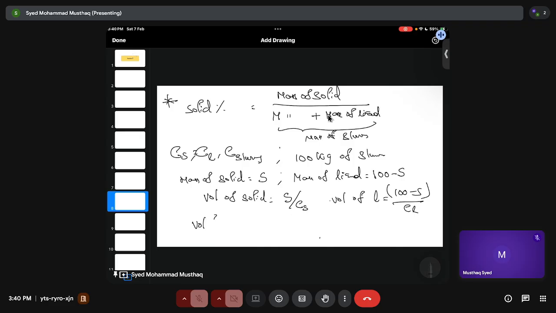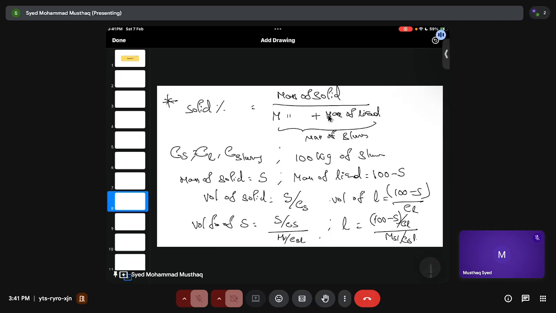The volume fraction of solid will be equal to S upon rho S divided by the mass of slurry divided by the density of slurry. Same goes for liquid: 100 minus S upon rho L divided by the mass of slurry divided by the density of slurry, right? So this is about their volume fractions.